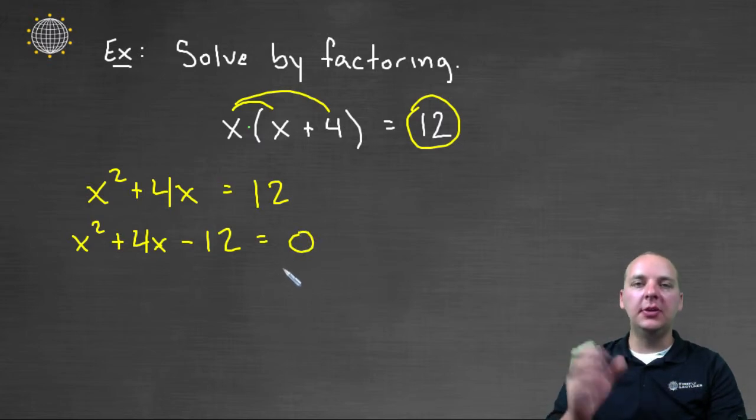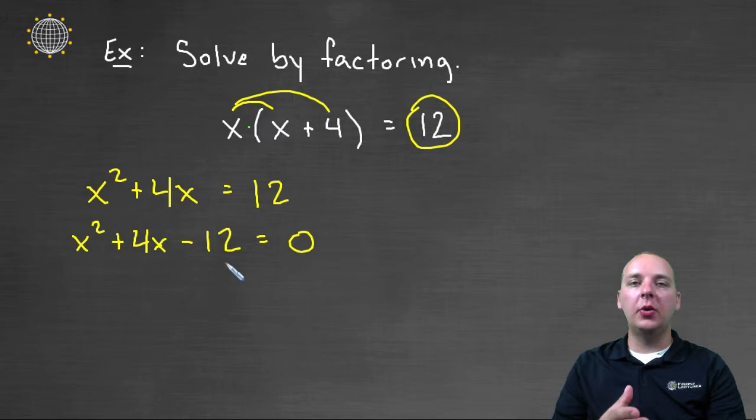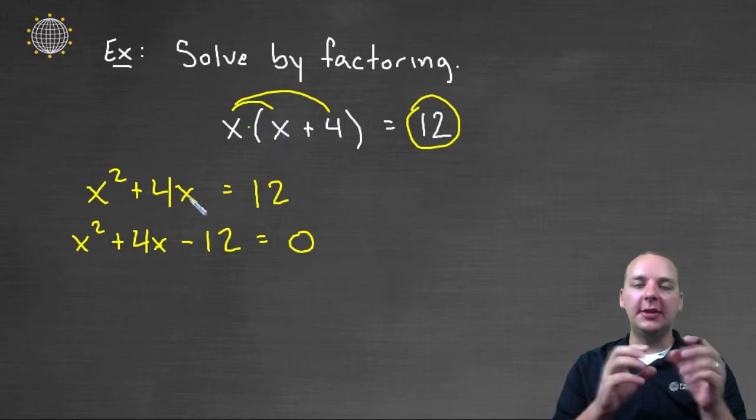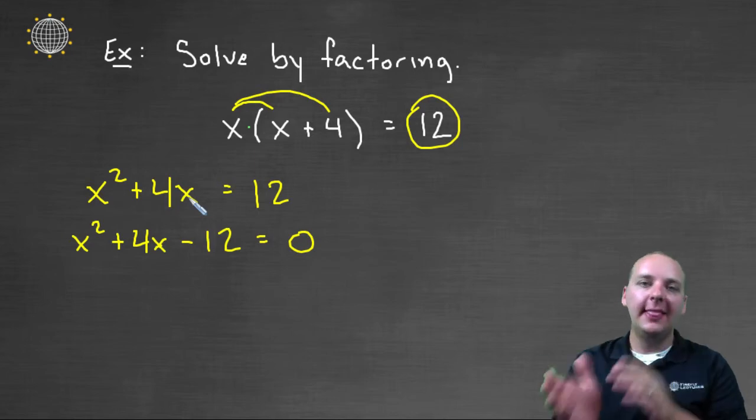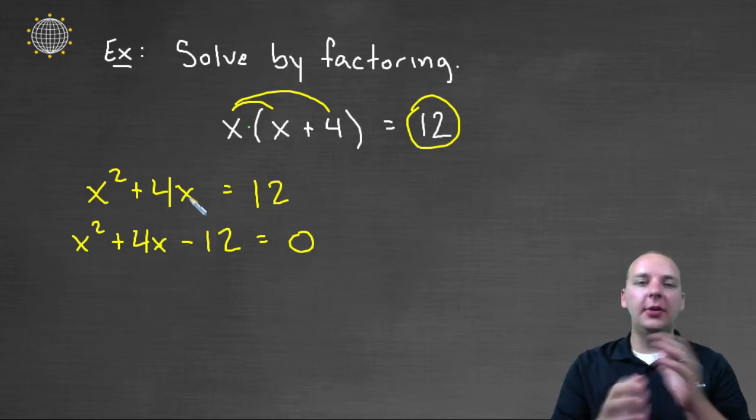Now, since we have our quadratic equation set equal to 0, we can factor it again. What happened was this was factored a little too prematurely, so we actually had to distribute it out to see our individual terms again, then set it equal to 0, and then refactor it.